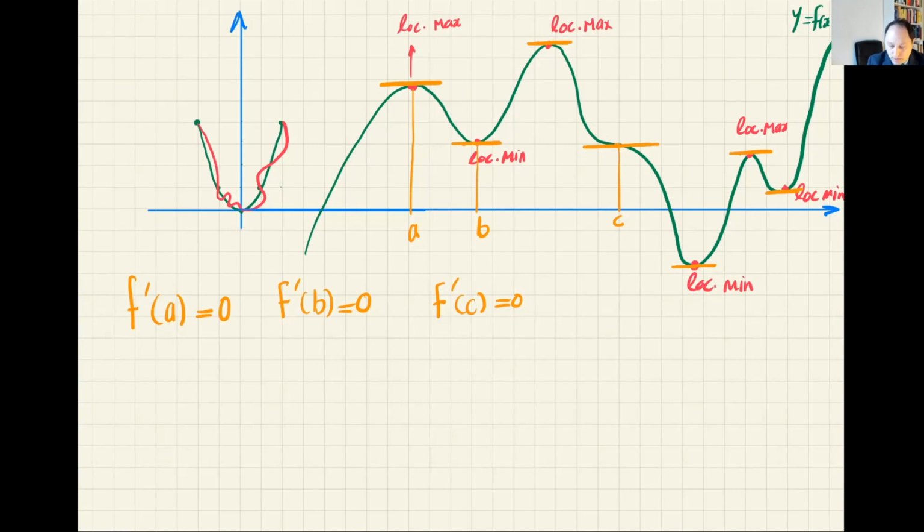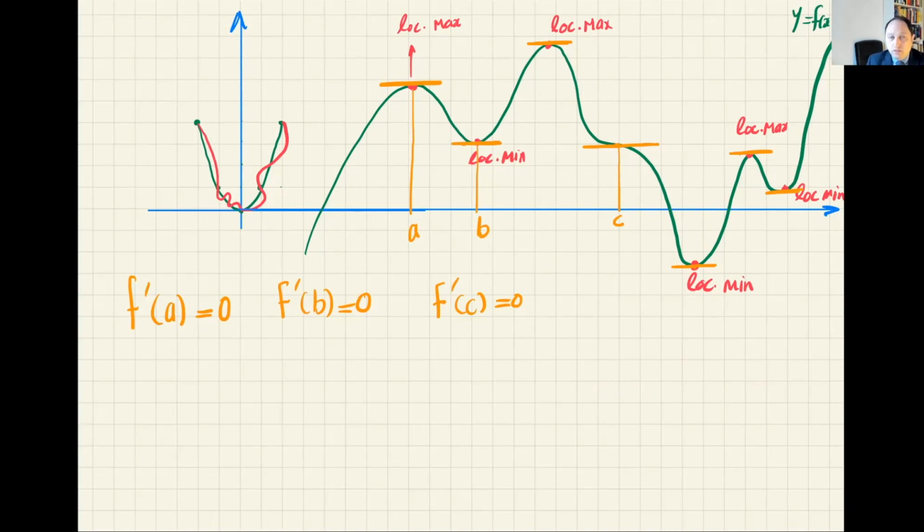Another problem is that even if this is not happening, I get some numbers, for example A, B, C, D, and so on. If I don't have the graph in front of me, I need to know how to understand which one corresponds to a local minimum and which one corresponds to a local maximum.